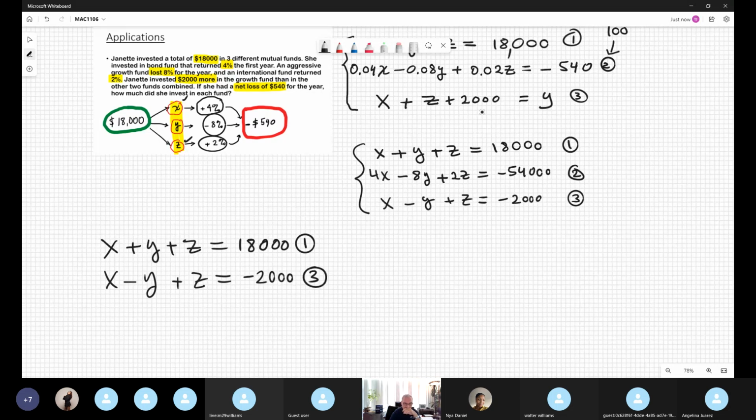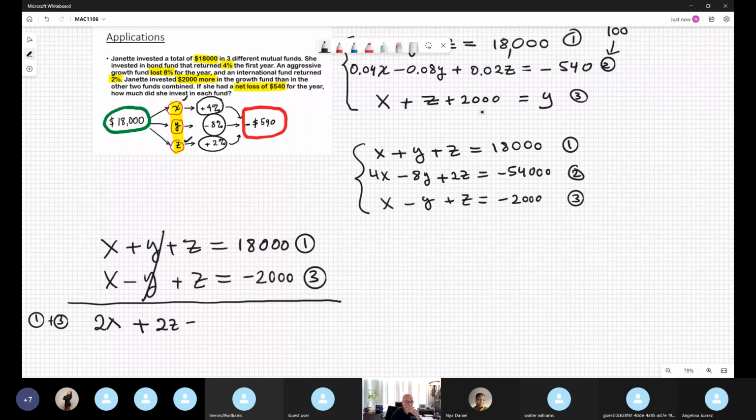This equation 3 and equation 1 together are ready for elimination because this is positive y and negative y. So adding equation 1 plus equation 3, you have 2x, because x plus x is 2x, y and negative y cancel out. C plus c is 2c. And 18,000 minus 2,000 is 16,000. And this is my equation 4.